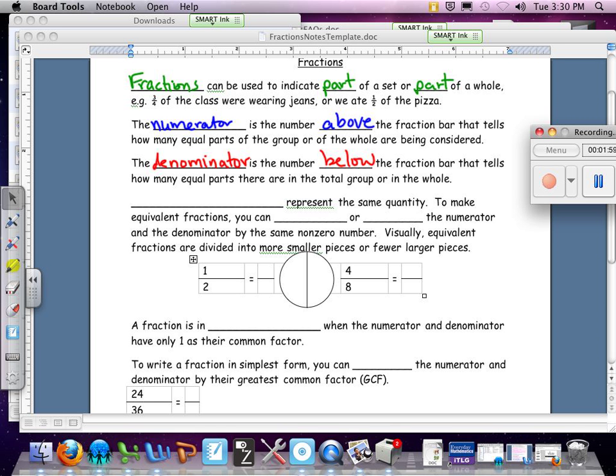So that brings us to talking about equivalent fractions. Equivalent fractions represent the same quantity.